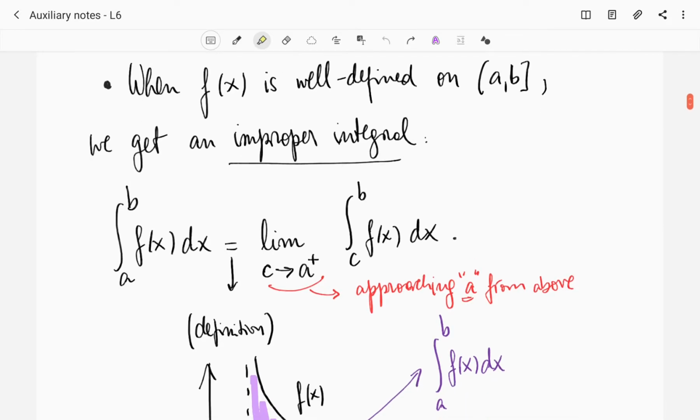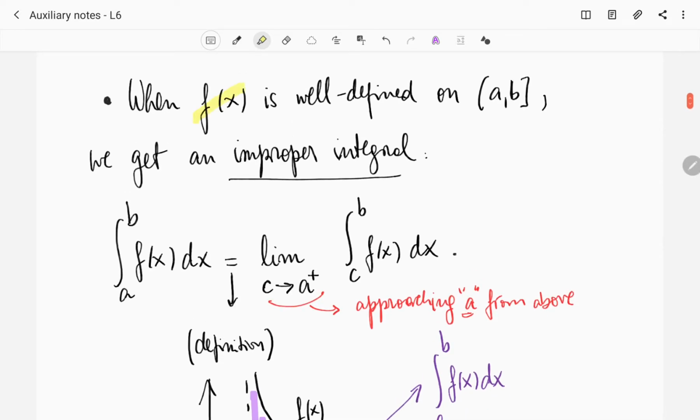So imagine that we have our little f, but defined on this interval open in a and closed in b. So that means that we know that f is well defined for any c between a and b, but strictly larger than a.